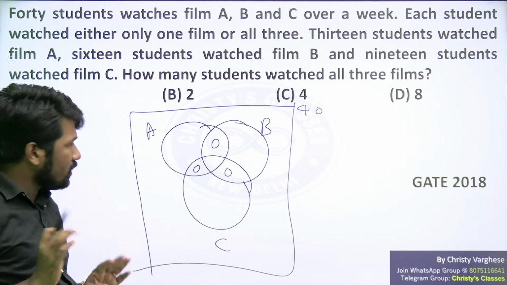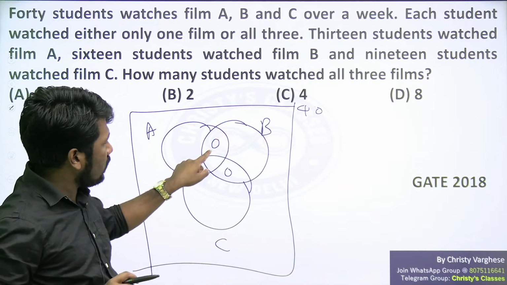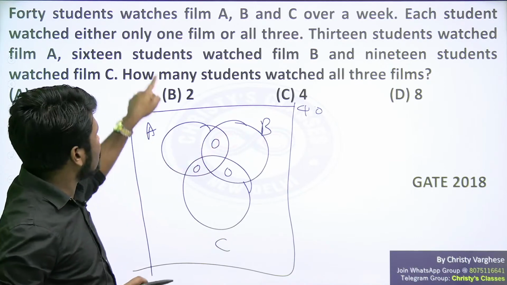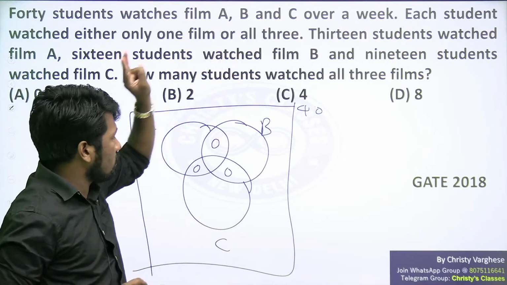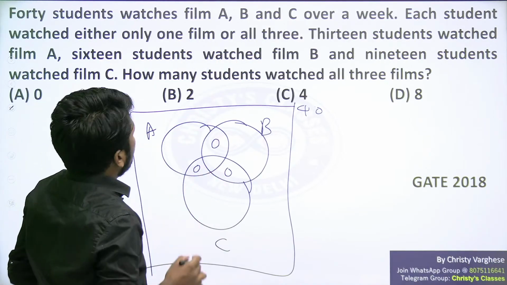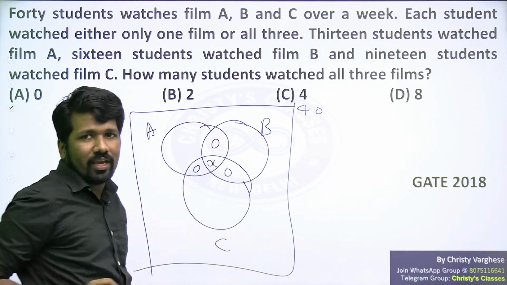Did you all understand that? This is A film and B film only watching people, but there are no people who watch 2 films only. Either they watch all the 3 films, that is this. We want to find that: how many students watched all the 3 films? So this is our required unknown X.